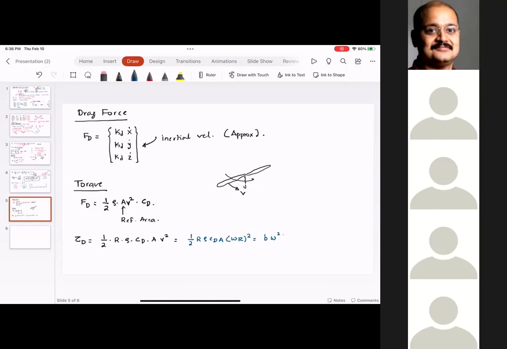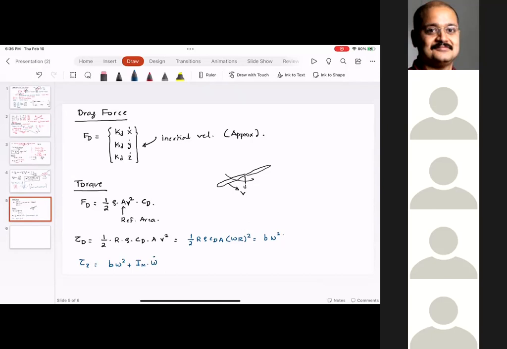Now please understand that the prop has some inertia. So in addition to the drag torque, there will be inertia torque, which is tau z equal to b omega square plus Im multiplied by omega dot.